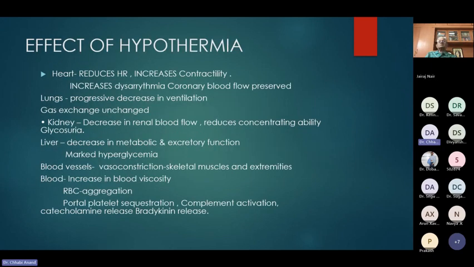Effect of hypothermia. Reduces heart rate, increases contractility, increases dysrhythmia, coronary blood flow preserved. Lungs, progressive decrease in ventilation. Gas exchange is unchanged. In kidney, decrease in renal blood flow, reduced concentrating ability and glycosuria. In liver, decreases in metabolic and excretory function and leads to marked hyperglycemia.